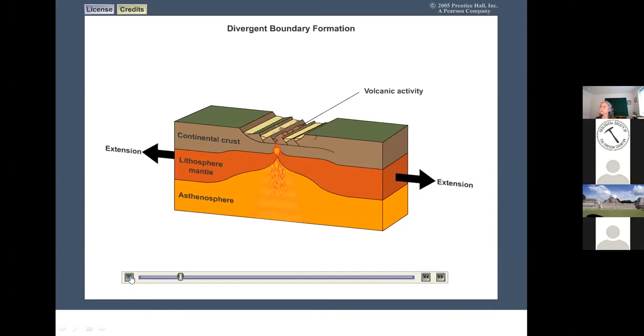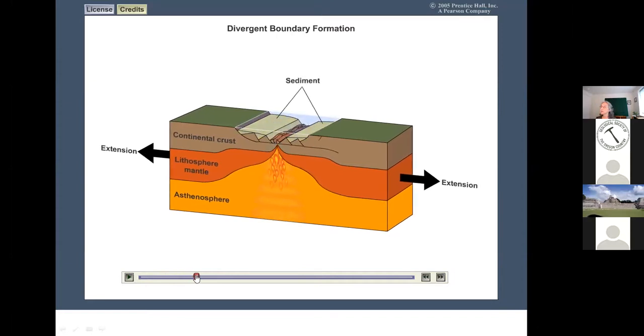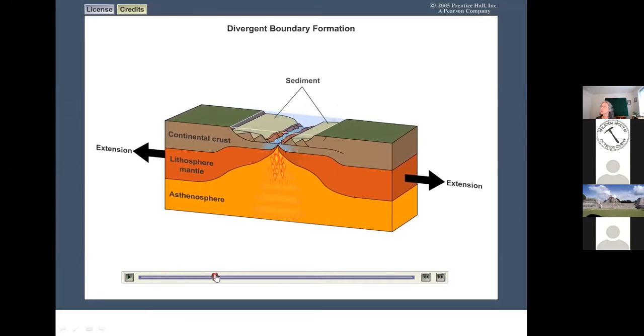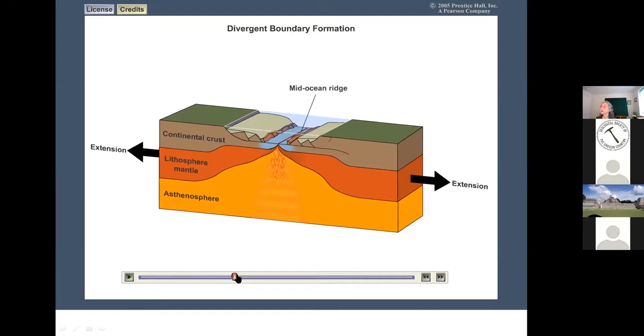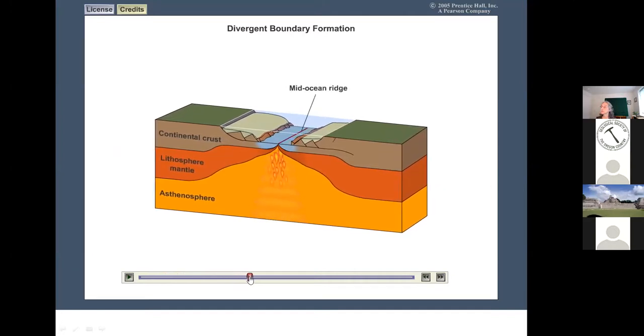Now, if this were to continue, we can extrapolate and figure out what would happen in the future. Someday this might actually open up and become an ocean basin. But that's way down the line, and you and I do not need to lose any sleep worrying about that.